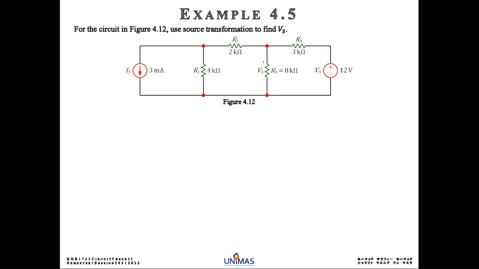So basically, you want to combine the two into Vs. Apa kita perlu buat? Okay. Anselm, I think you can answer this. How do you want to do it? You want to transform the Is into a voltage source? Ataupun you want to transform the Vs into a current source?